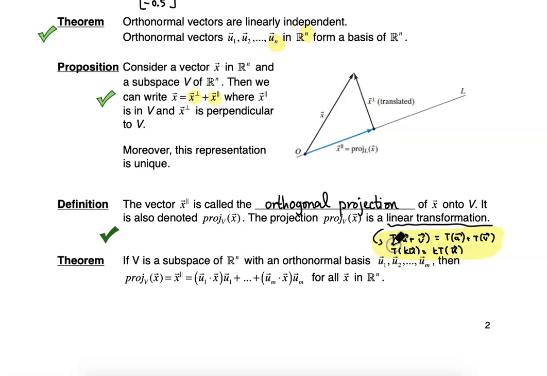A linear transformation is a transformation such that T(u + v) = T(u) + T(v), and also T(ku) = kT(u). So if you add 2 vectors and you project them, it is the same as projecting the first vector and adding it to the projection of the second vector.